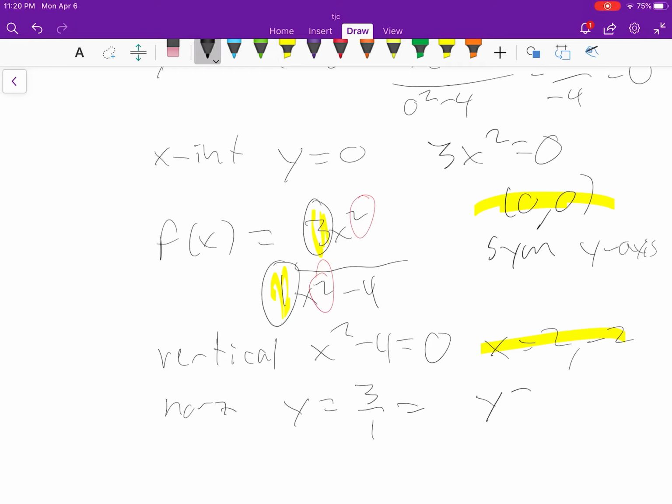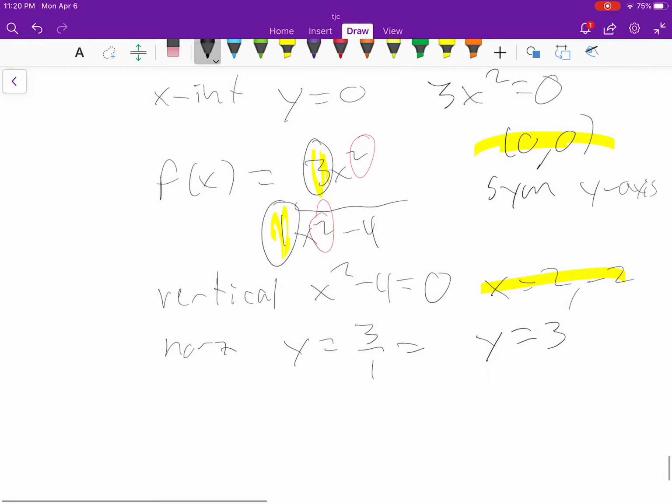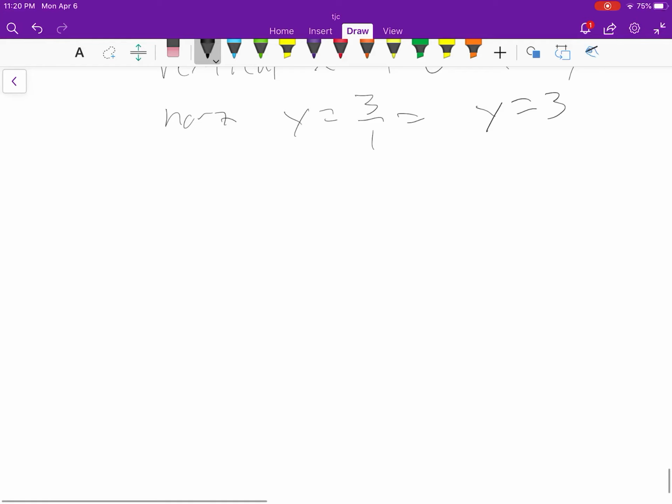So we have horizontal at y equals 3. Now, since we have a horizontal asymptote, we don't need to check for a slant. Okay, now we graph it. So we put all this information on a graph.